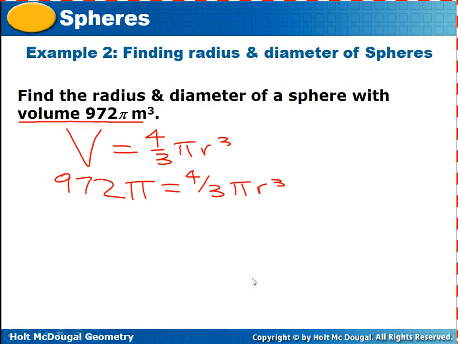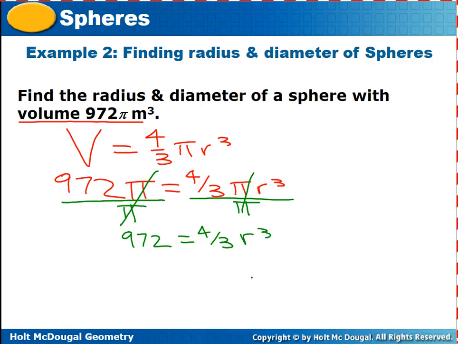First thing we're going to do is divide both sides by pi. When we do that, it's going to eliminate pi from both sides of the problem. So now we're left with 972 equals 4/3 r cubed.